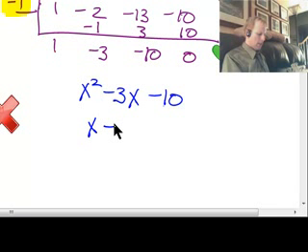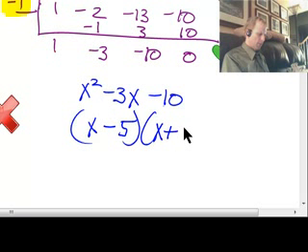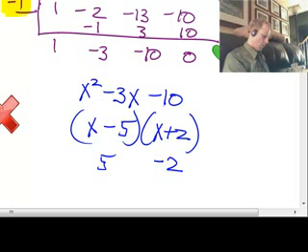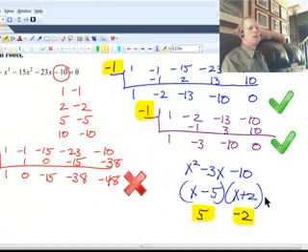Well, that would be x minus 5 and x plus 2. And so that gives me solutions of 5 and negative 2, because you always reverse the signs of the number when you're going from the factor to the solution.